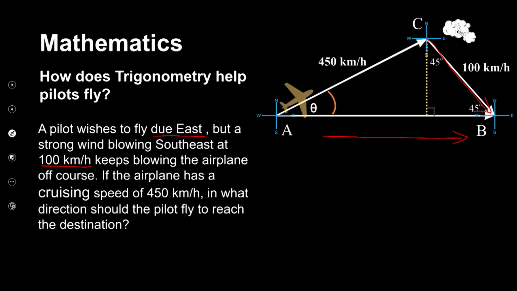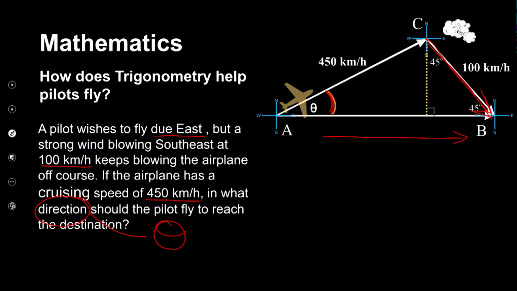If the plane has a cruising speed of 450 kilometers per hour, in what direction should the pilot fly to reach his destination? So direction means we're talking about angle. We're talking about theta. So what they're asking us is, what direction must the plane fly in order to reach his destination at B, taking into account the wind force coming in that direction at him?